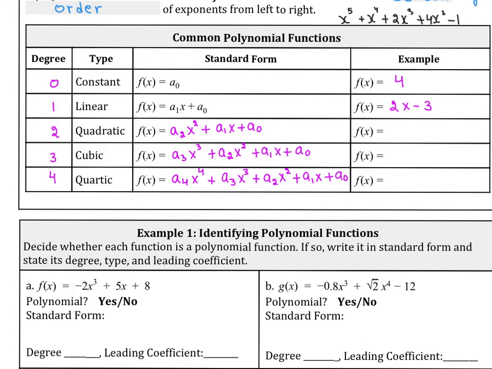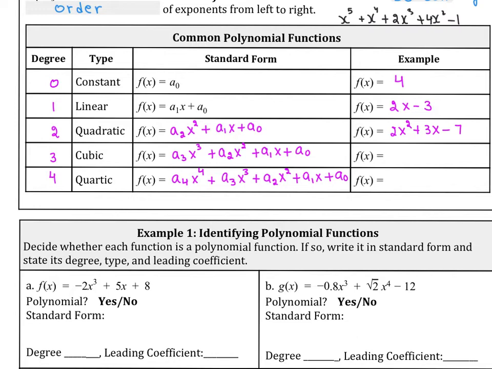The type of polynomial when the degree is 2 is called quadratic. You also have seen this type of polynomial. For example, 2x squared plus 3x minus 7.